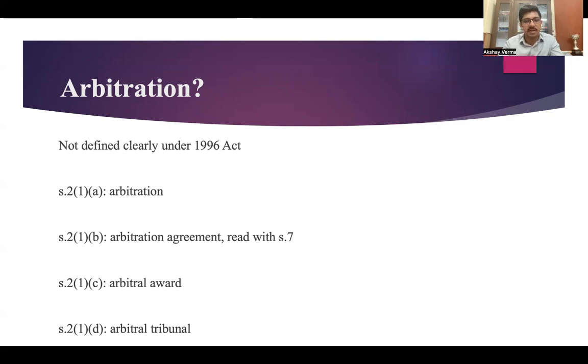So even if the final award has not been passed, but there's an interim decision on that matter, that will also be deemed to be an arbitral award. And finally, section 2, subsection 1, clause D talks about arbitral tribunal, जो बोलता है either there may be a single arbitrator or a panel of arbitrators, which will be called as arbitral tribunal. So these are certain terms which are required to know what is arbitration.